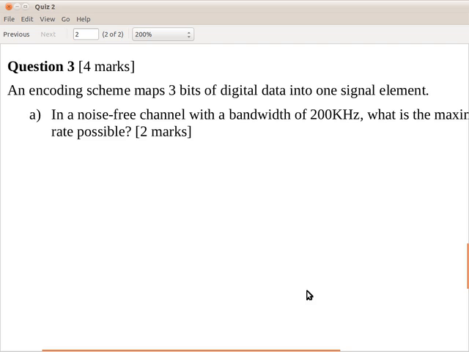We have an encoding scheme that maps 3 bits of digital data into one signal element. If our channel is noise-free, has a bandwidth of 200 kilohertz, what's the maximum theoretical data rate possible?